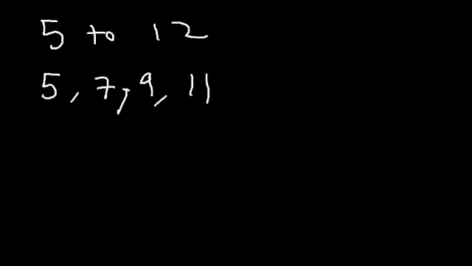Those are the odd integers, and they're listed consecutively. And 12 is not odd, so it's not included. If it was exclusive, that means it doesn't include 5 or 12. So exclusive would be 7, 9, and 11. So if you want to find all of the odd integers between 5 and 12, exclusive, not including 5 and 12, it's 7, 9, and 11.